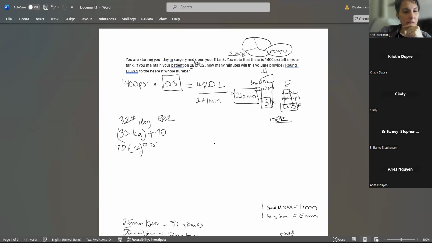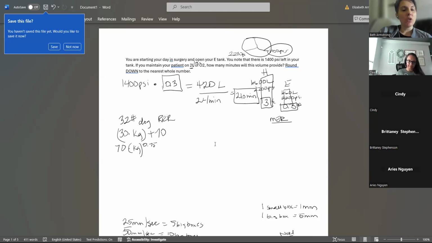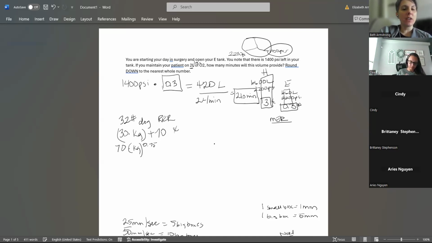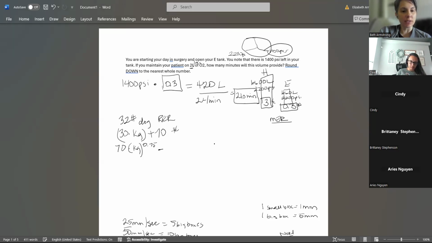Anyone ever see that? Yeah, that's the one we all go, oh, we don't want to do that, right? Yeah, that one confuses me. Okay, so ideally, in the most ideal situation, we use this formula for patients that are 2 kilograms and under. All right, and then everyone else, we're supposed to use this one.